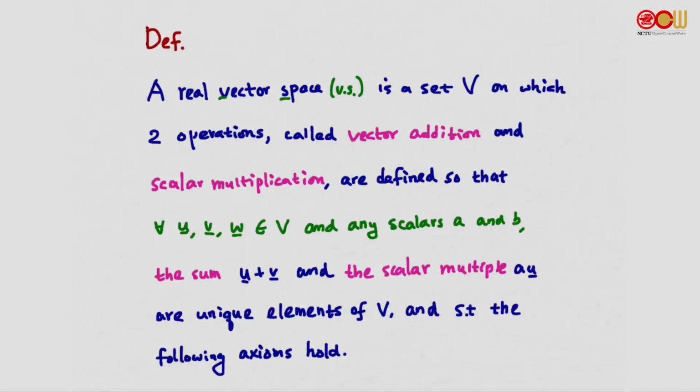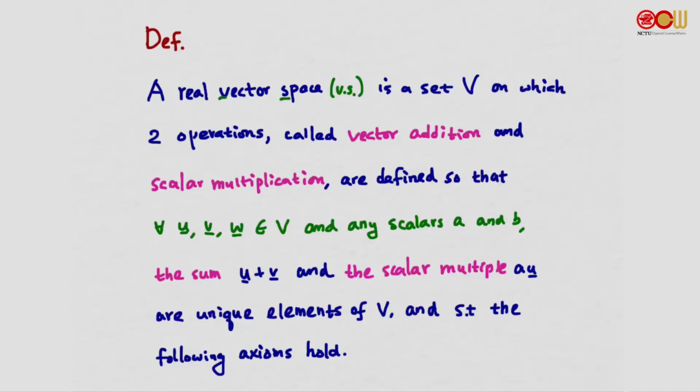Whenever we talk about a vector space, we need a set and we need the associated operations. These 2 operations are called vector addition and scalar multiplication, and they are defined so that for u, v, w vectors in V and any scalars a and b, the sum u plus v and the scalar multiple, we scale u by this scalar a, are unique elements of V, and such that the following axioms hold.